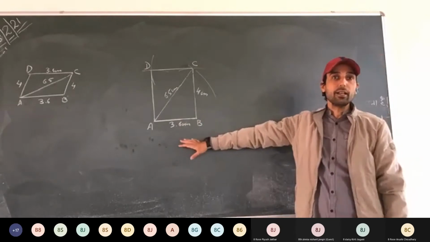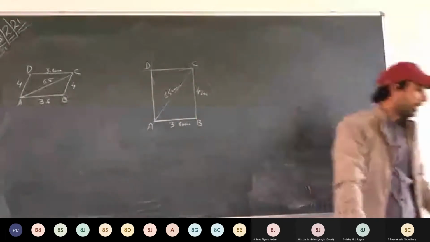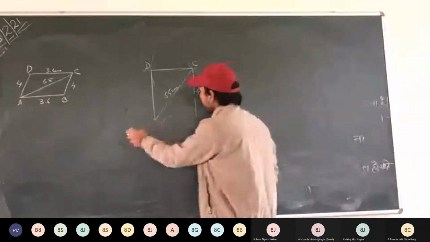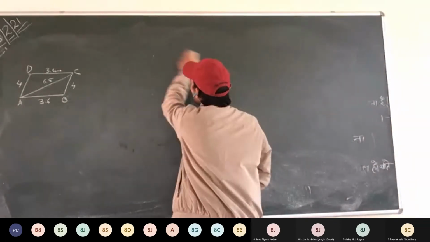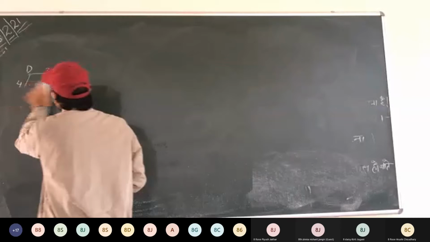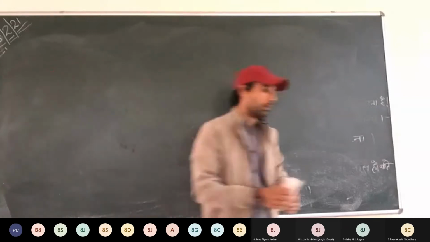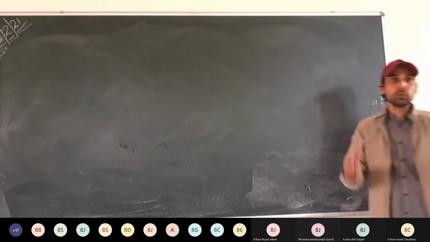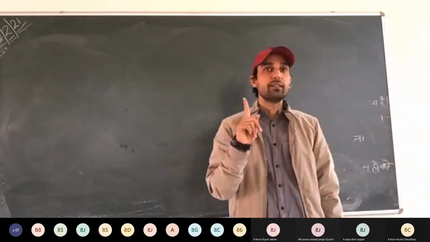This is clear? Now move to the third one. Read the third one and try to figure out what data are given. So AC, BD and CD.